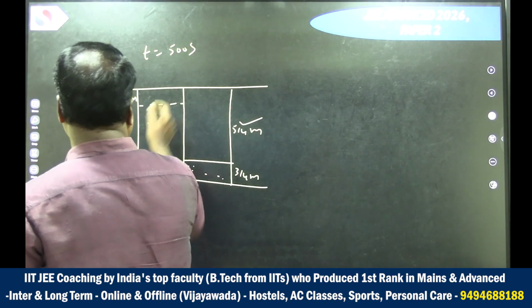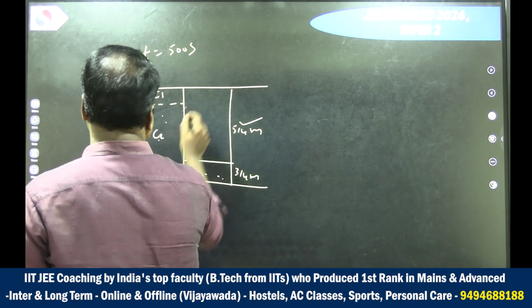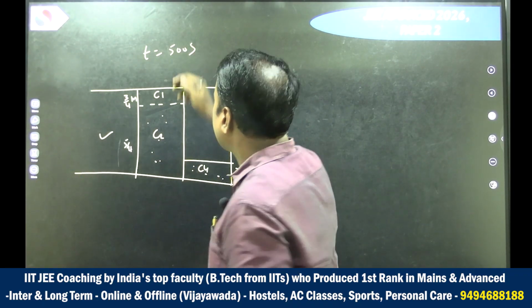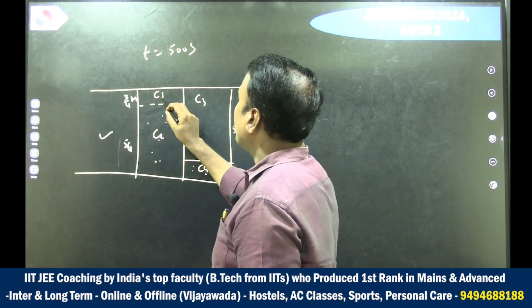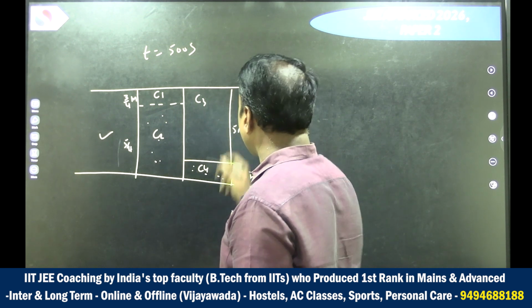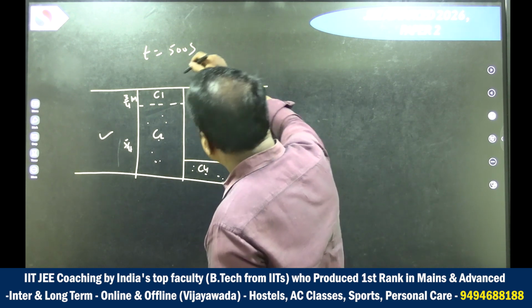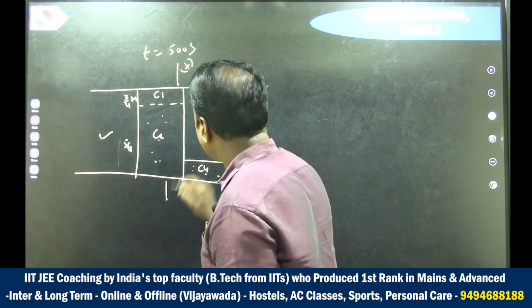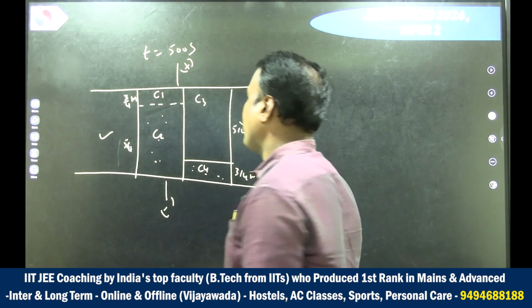Just look here, these two chambers' capacities we can find separately, individually. So this empty space is C1, this filled one is C2. Here the empty one is C3, the filled one is C4. And if you just imagine, it may be taken as positive plate, it may be taken as negative plate.